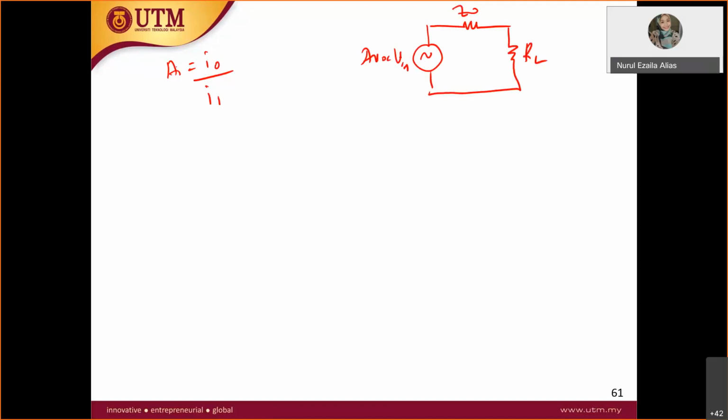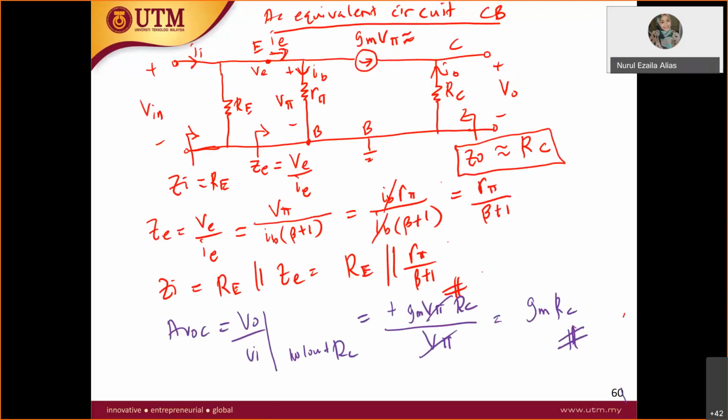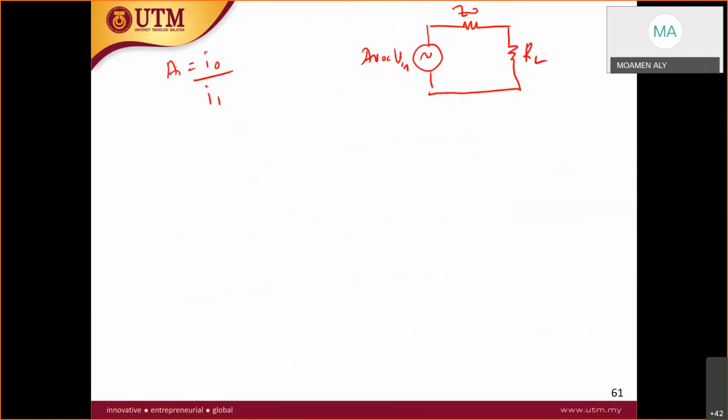Or you can actually do the same as what you find in the circuit. So I out, as you can see there, is equal to what? Negative gm V pi. Yes, correct. Thank you.